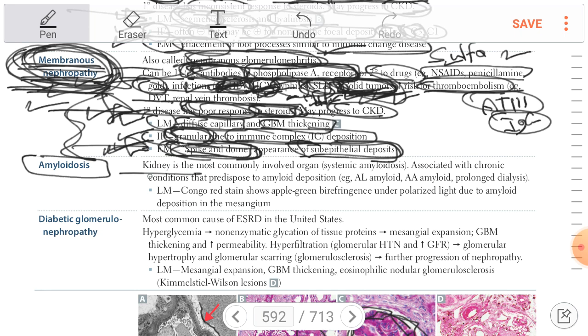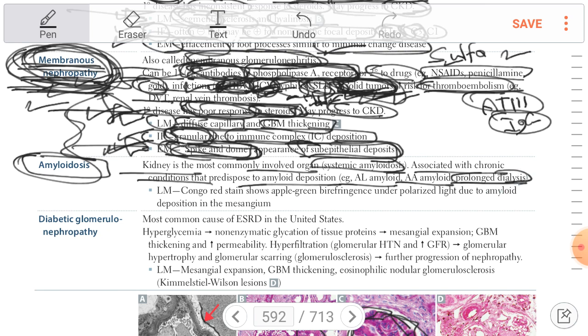So kidney is the most commonly involved organ in amyloidosis. It's called systemic amyloidosis, associated with chronic conditions that predispose to amyloid deposition, like AL amyloid, AA amyloid, prolonged dialysis. So in end stage renal disease, there is prolongation of dialysis.